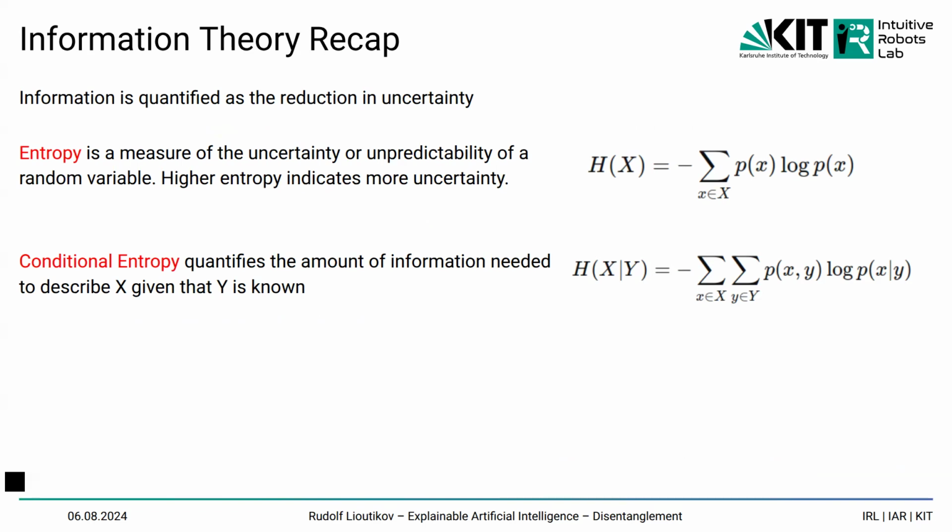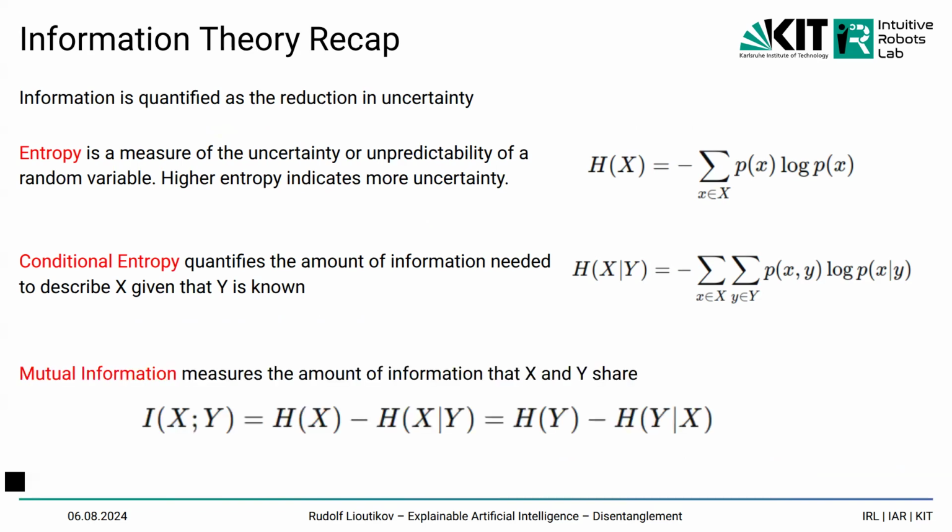The mutual information measures basically the amount that X and Y share, and it can be written as the difference between the marginal entropy and the conditional entropy, and it's symmetrical. So mutual information tells us that if I have two different variables, there is shared information between them. That's important, the shared information there.